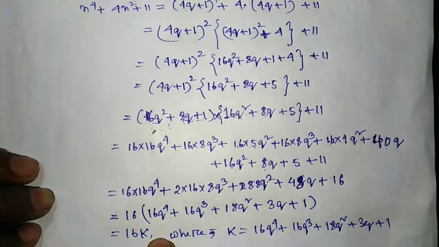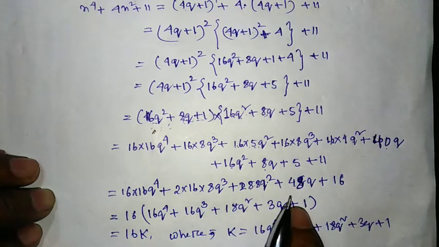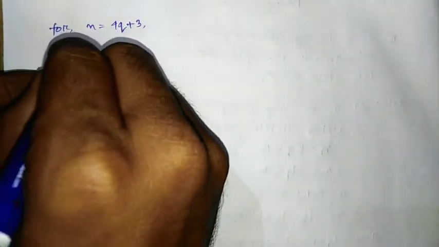So this whole term if we write as k, so 16k, where k is 16q^4 + 16q^3 + 18q^2 + 3q + 1. So that means the first odd number is expressed in the form of 16q.